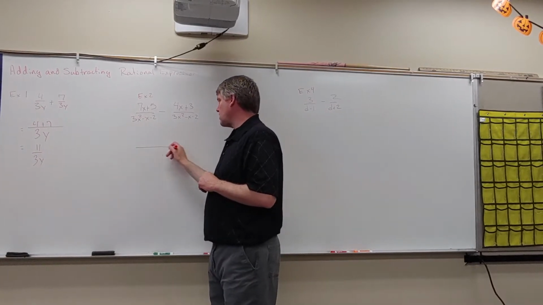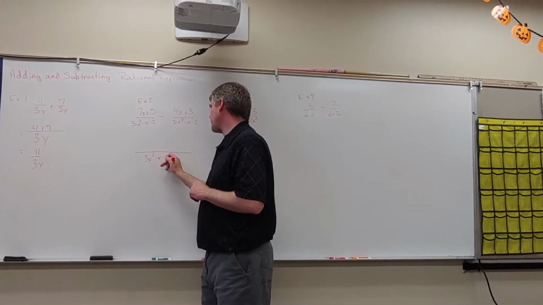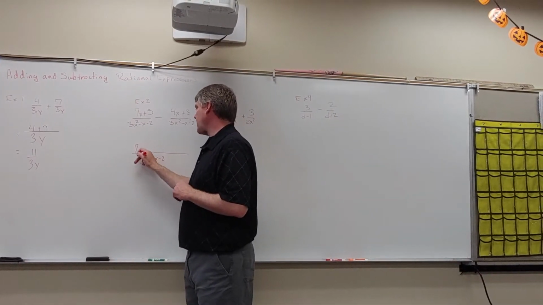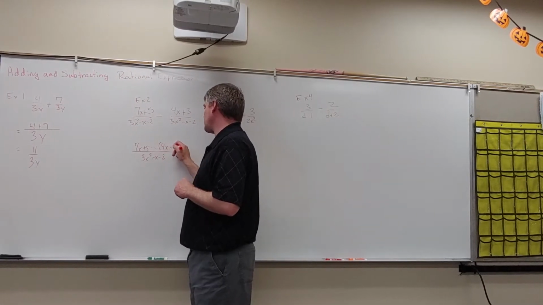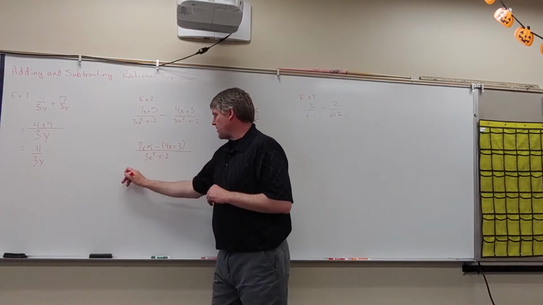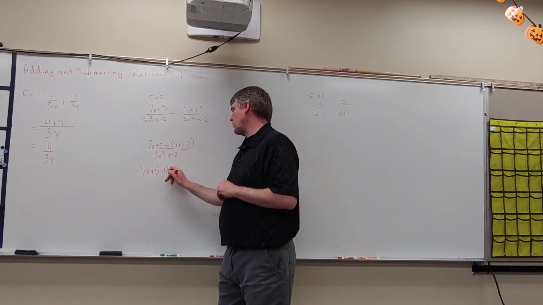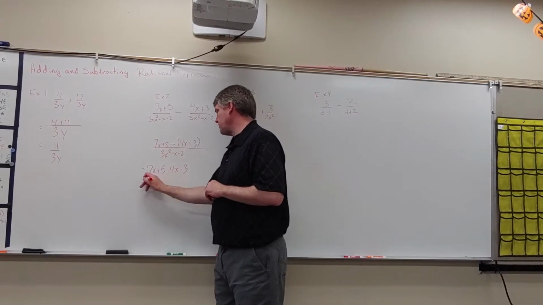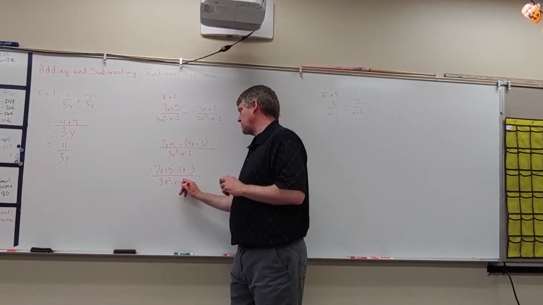And so since our denominator is the same, I'm just going to rewrite it here. Okay. So I have 7x plus 5 minus the quantity 4x plus 3. So that gives me 7x. I'm going to do this step by step. Minus 4x minus 3 all over 3x squared minus x minus 2.